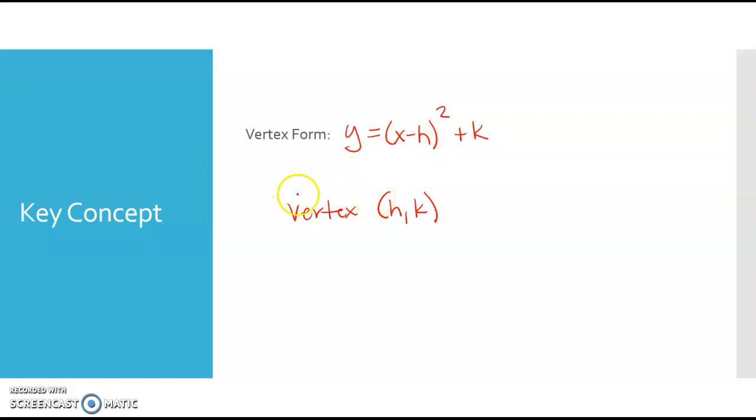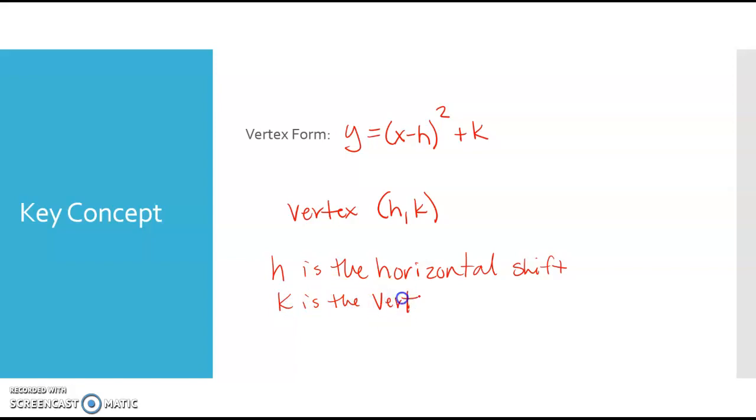The other thing to note is that h is the horizontal shift, and k is the vertical shift. From the origin, that parent function, h is how we moved left or right, and k is our up or down from the origin.